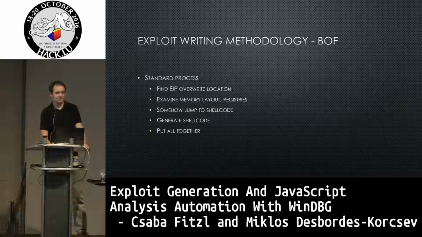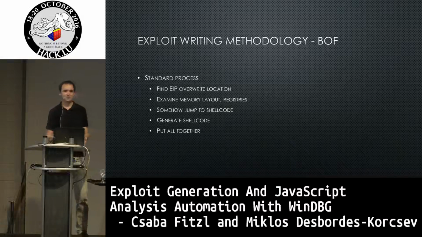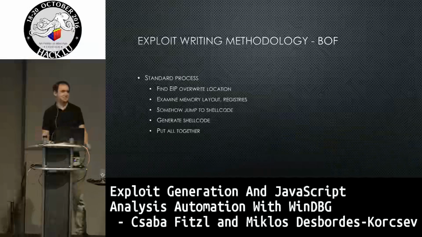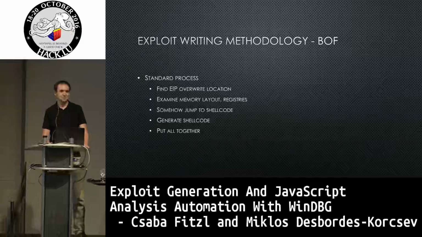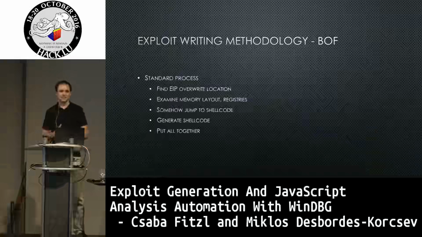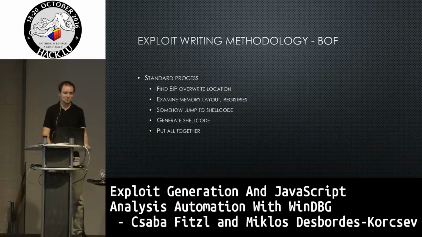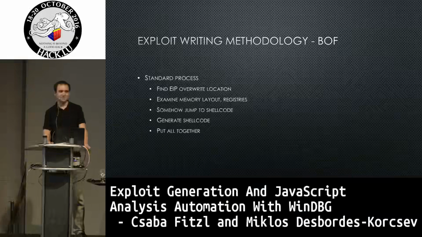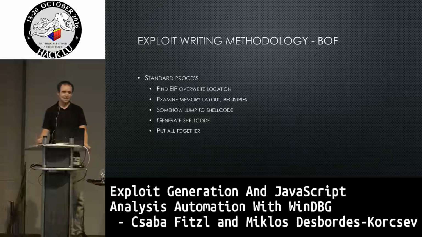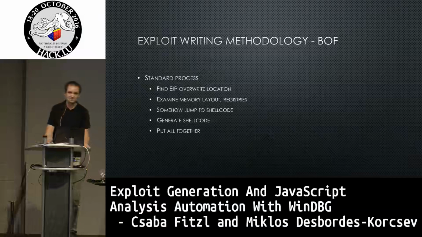On the other hand, talking about classic buffer overflows, so not kernel exploits or difficult heap exploits on browsers and heap spraying and all these fancy things, it's quite a standard process how you develop an exploit. You usually start with finding out that you can control EIP. What is the offset in your buffer to overwrite EIP?